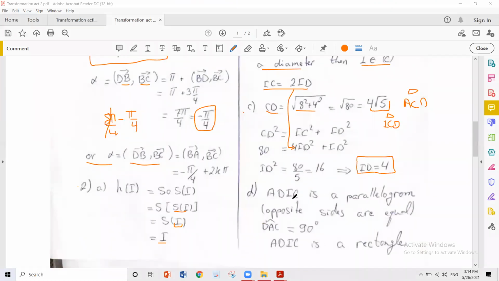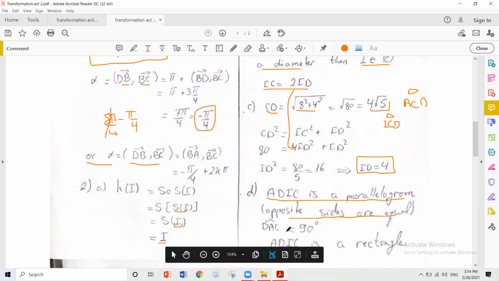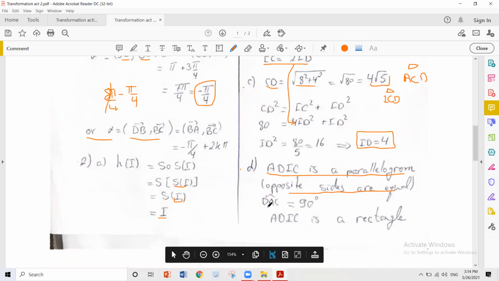ADIC is a parallelogram. The opposite sides are equal. DAC equal 90.